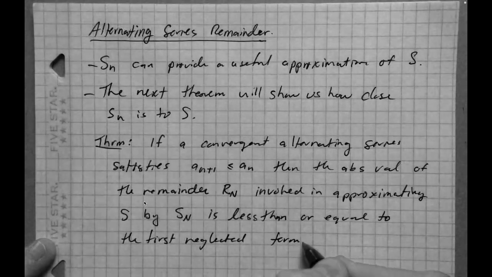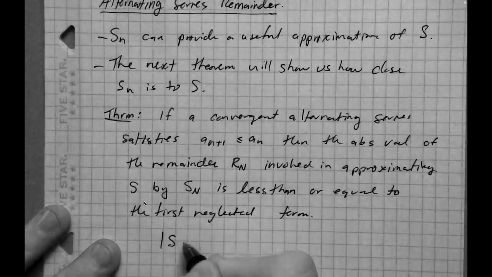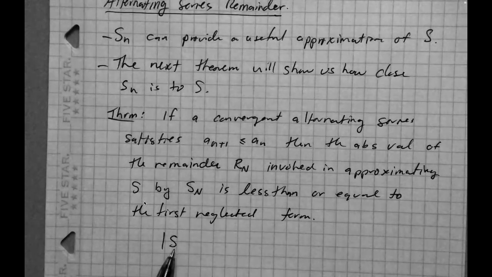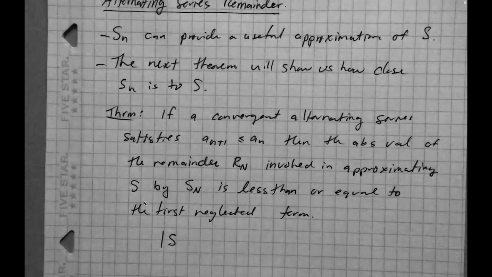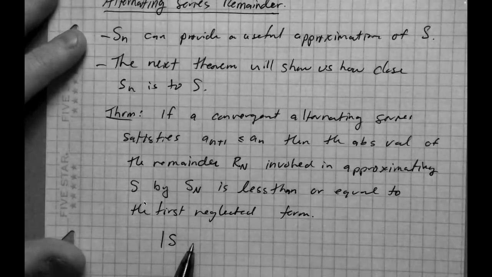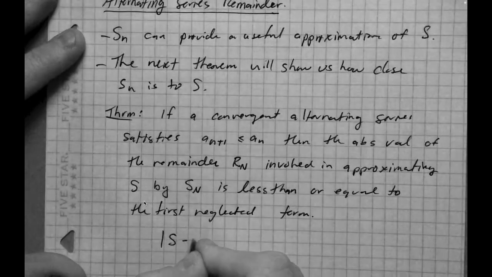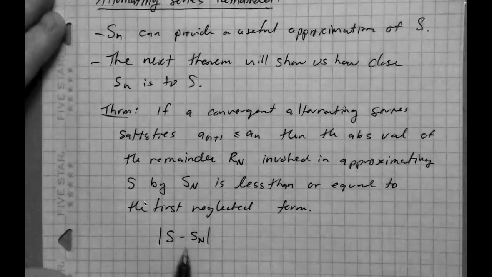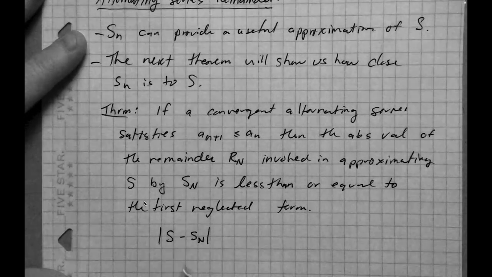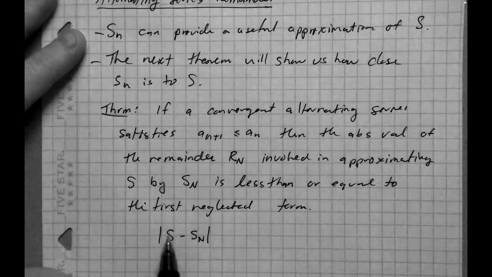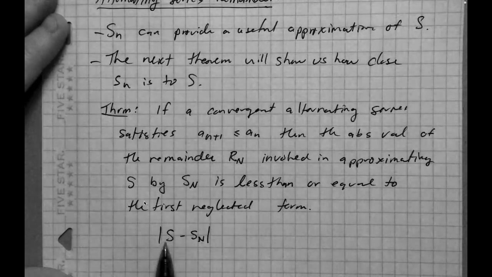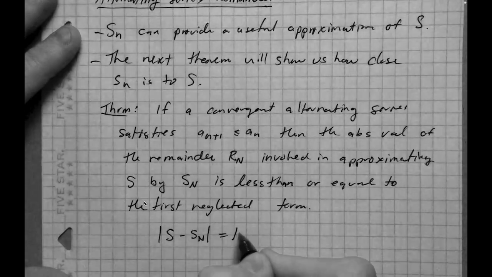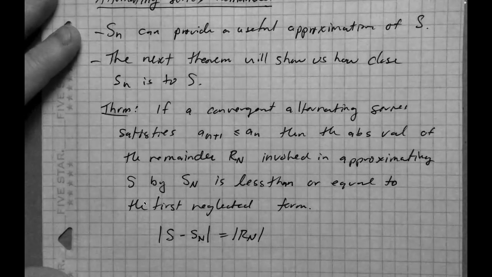Now, what do we mean by that? Well, let's write it out here. So S is my true sum, the sum of the entirety of the series. This is a convergent series by assumption, right? And if I want to approximate it using a partial sum, S of big N, then the remainder, which is basically this quantity, take the convergence value minus the sum of the first big N terms, we're going to call that R of n, the remainder.